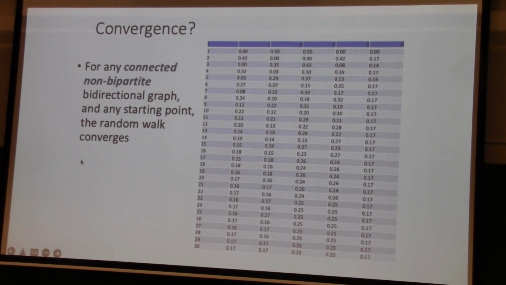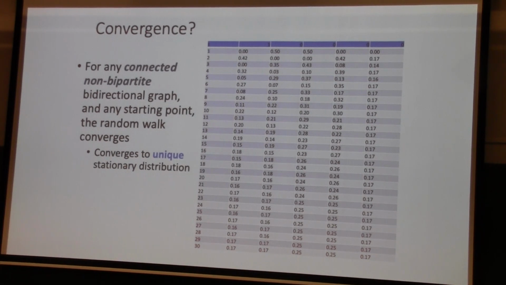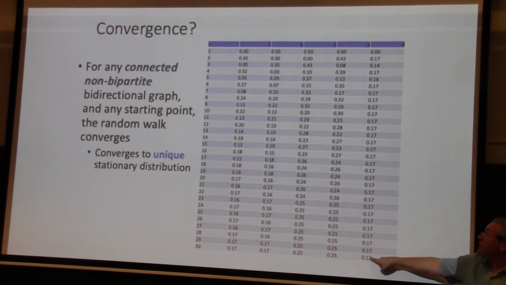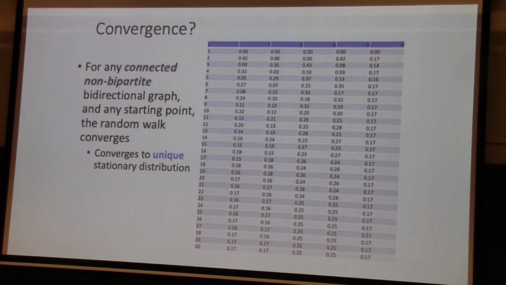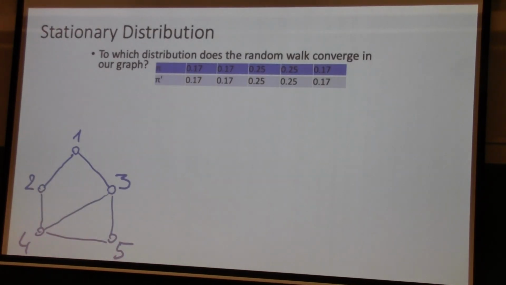So you have to understand this intuition, it's not just random words there, okay? Make sure you understand. And there's only one result, a unique stationary distribution. Stationary means that once you converge, it never changes anymore, okay? So this is a kind of iteration, which we call power iteration, okay?